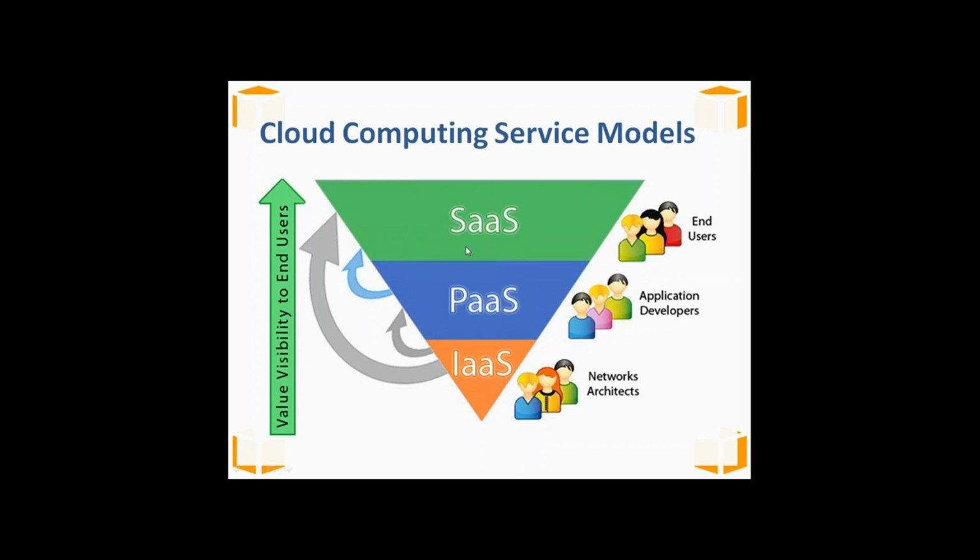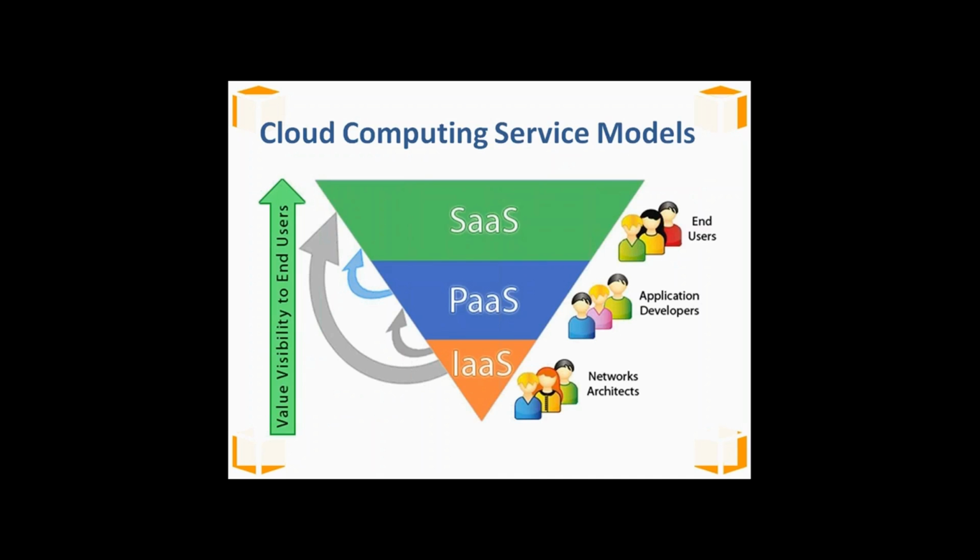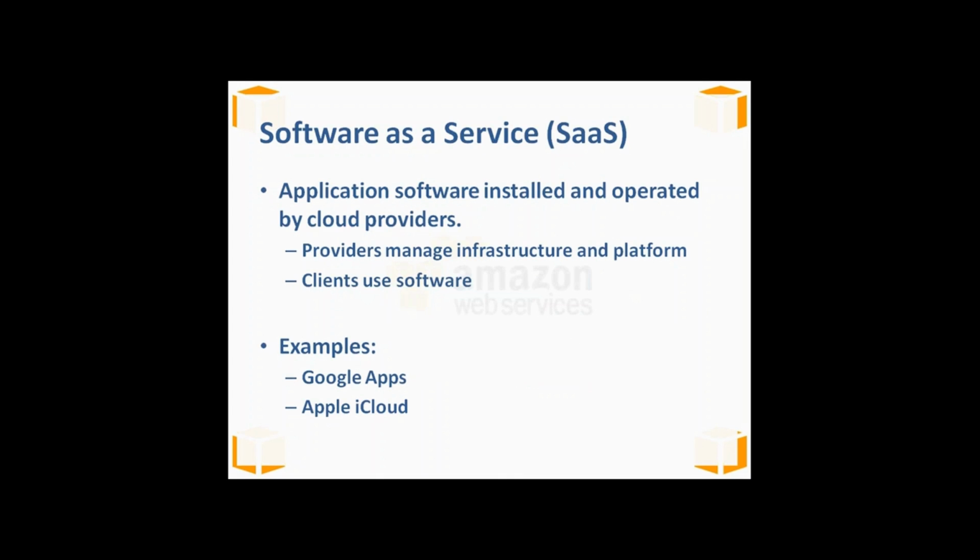Now let's go ahead and talk about each individual service model. I'm going to talk about the first one, software as a service. As we know, software as a service is used by end users. Let's understand in detail: the application software is installed and operated by cloud providers. The providers, the people who provide this software, manage the infrastructure as well as the platform, and the end users are the ones who make use of the software.